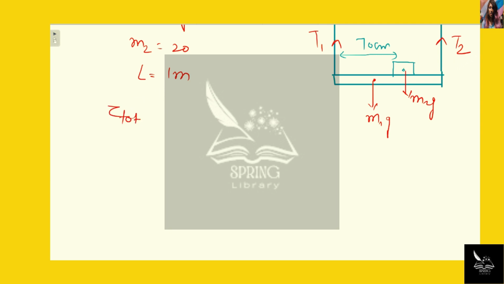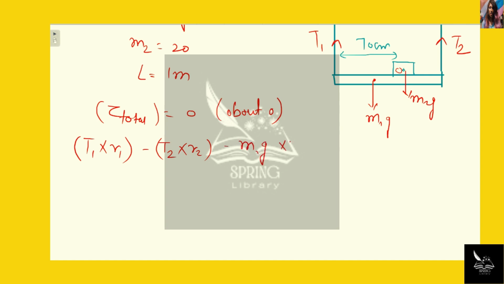So net torque is 0 about this point, that is O. So writing the net torque, torque due to this tension is T1 into R1, which is in anti-clockwise direction, and torque due to this tension force is minus T2 into R2, because this is in clockwise direction, and torque due to this is 0, and torque due to this weight is minus m1g into R3.